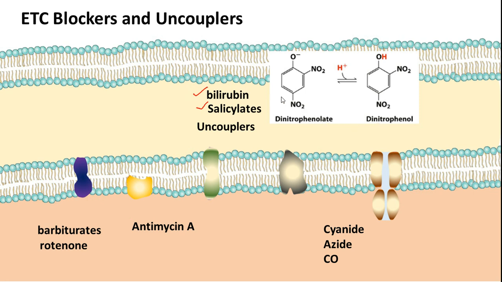All these are relatively non-polar, and they contain groups which can be oxidized. Oxidation reduction is possible. For salicylates as well as dinitrophenolate, dinitrophenol is a drug. It was a drug earlier. It used to be prescribed to people to reduce obesity, because it is a thermogenic chemical. How does it happen? I'll explain.